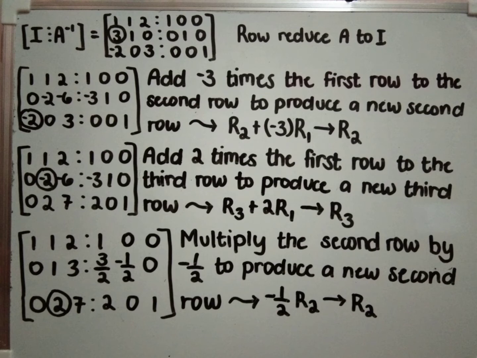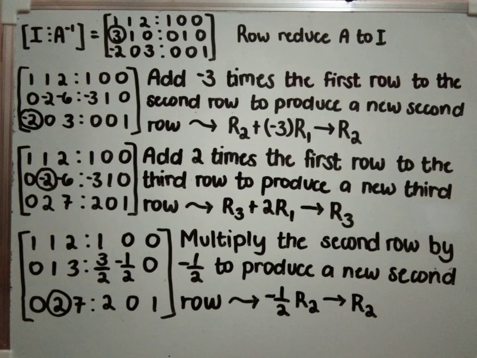So first, we need to row reduce A to I using the elementary row operations on the entire matrix. The first thing we need to do is to make the first element of row 2 zero by following the notation row 2 plus negative 3 times row 1 is equal to the new row 2.